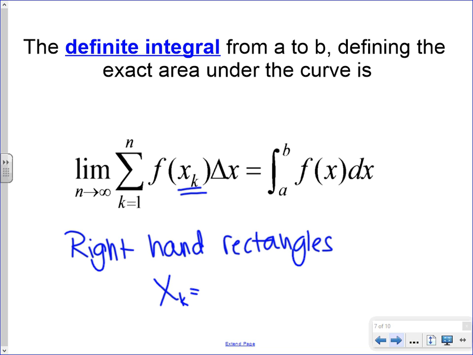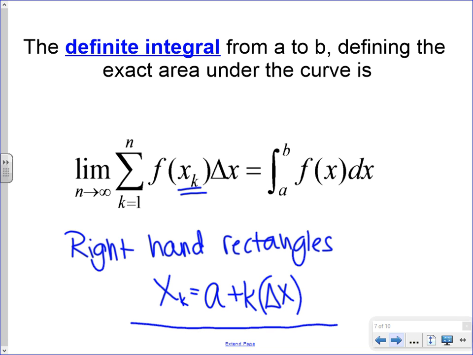So what we plug in first is going to be a plus delta x, and then we multiply that by k to get each of those individual rectangles. First, we take a and add delta x, and then add delta x again, k times. This is giving us that right-hand endpoint.